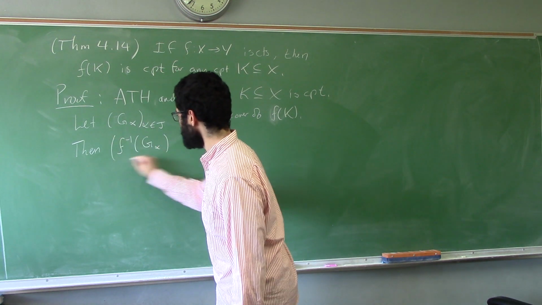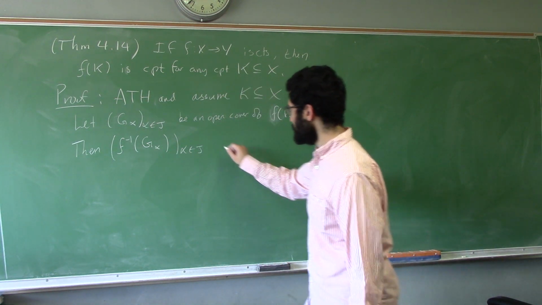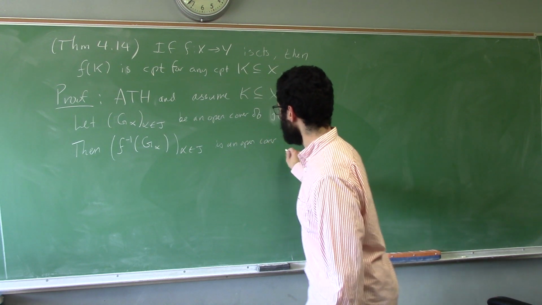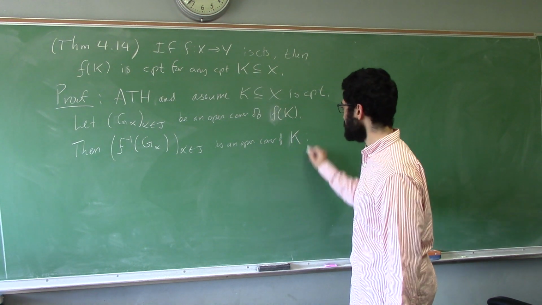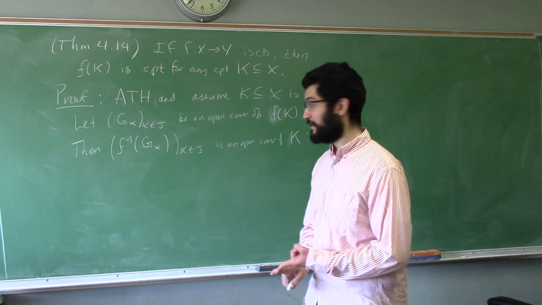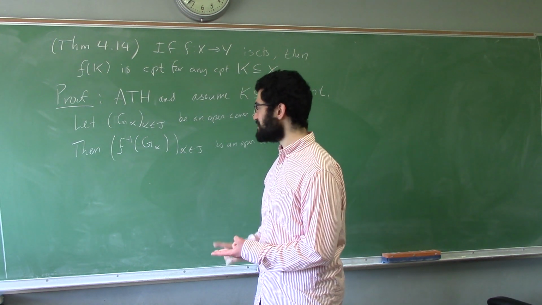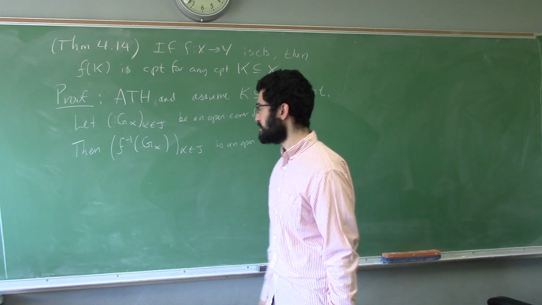If I take the preimages of the G_alphas, running over alpha in J, that should be an open cover of K. So let's verify that. There are two things to verify: that every set in this family is open, and that their union contains K as a subset.